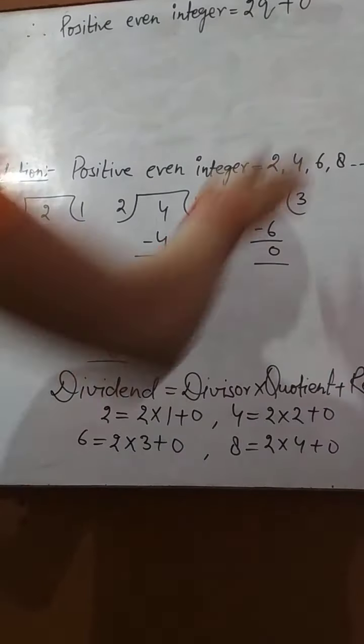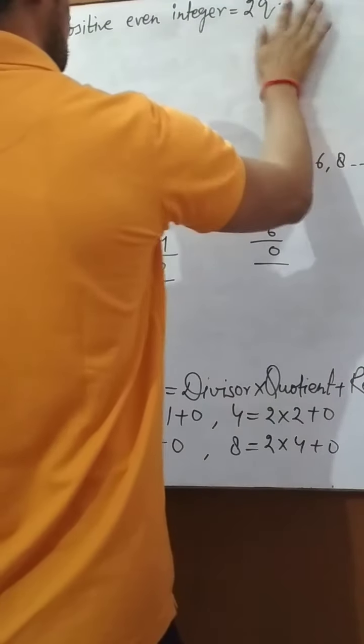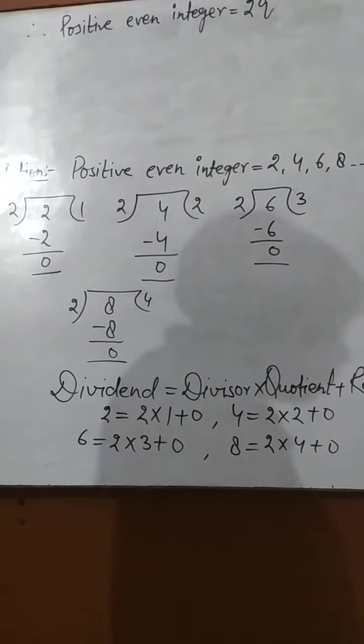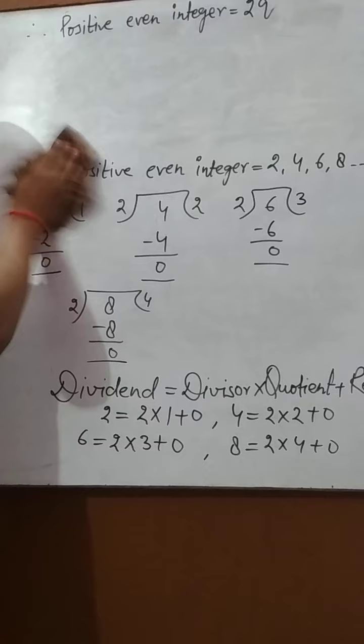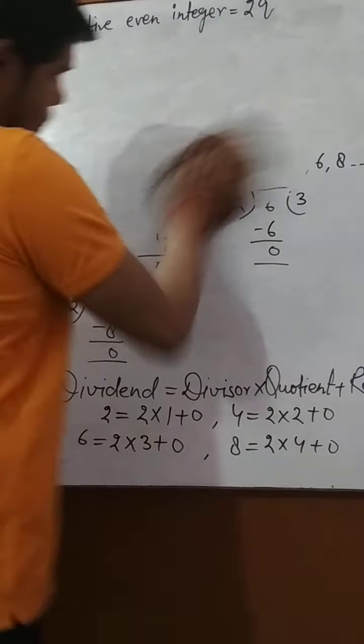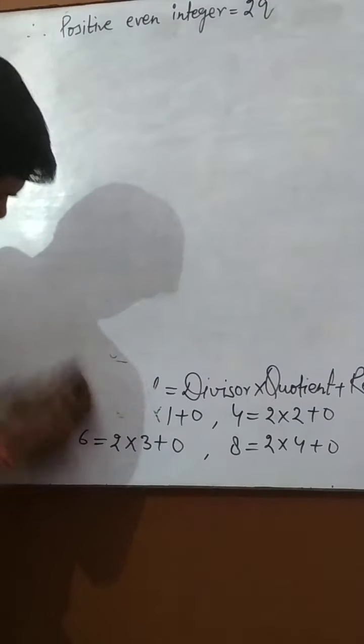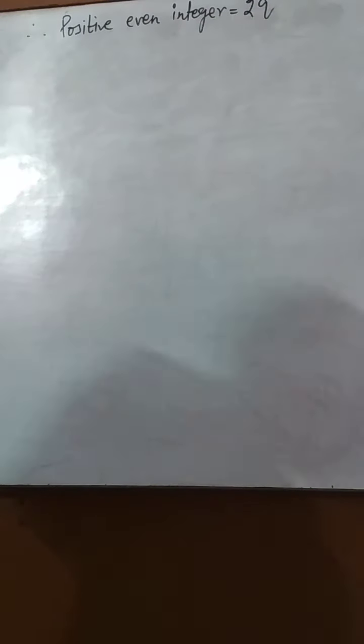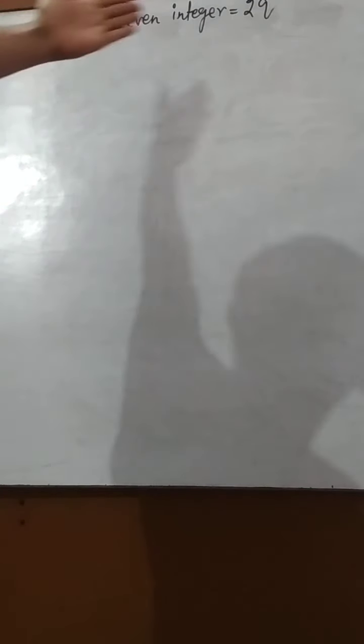If you want, you can erase the 0 also. So this is your positive even integer. Now we will find positive odd integers. The same way we will follow here. This is your one part done.